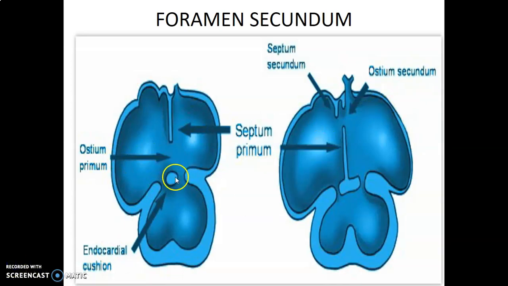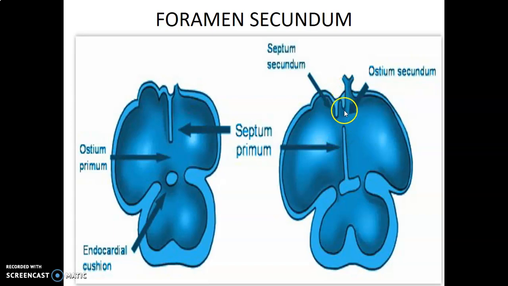So this is the endocardial cushion and septum primum, ostium primum. As the septum primum grows towards the endocardial cushion, before it joins it, apoptosis begins. It forms perforations up here. Perforations coalesce to form ostium secundum, which is guarded by septum secundum, a downgrowth on the right of the ostium.